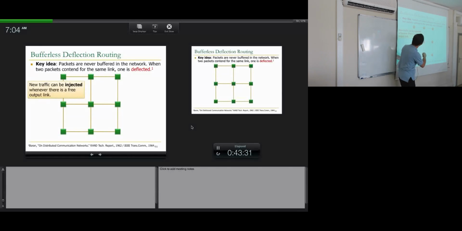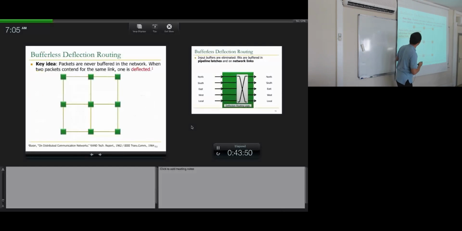Whereas if you're bufferless, if you do not have any buffers in the network, you cannot keep more packets in your network, right? You can think of your links as the buffers. Only your links are the buffers. And the pipeline latches, of course. I'm assuming that pipeline latches are still there if you pipeline the network. They're different from buffers. The router itself has buffers to keep packets.